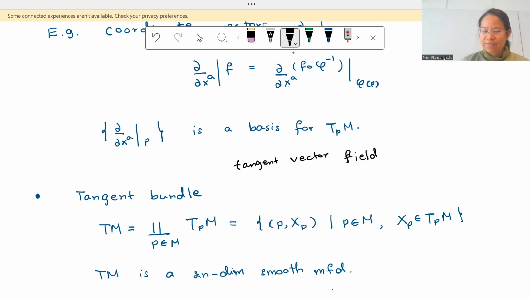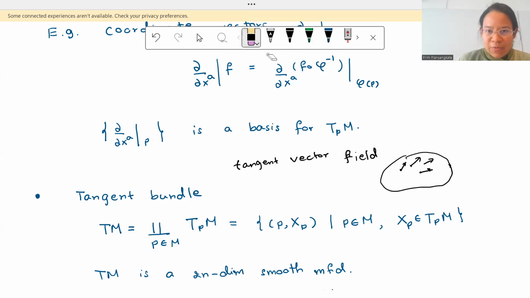This is the same as the vector field that you are familiar with from vector calculus. The picture is like, suppose it's a manifold, it's like a field of vectors. You attach a vector to each point. So in fact, a tangent vector field is a rule that assigns a tangent vector to each point.